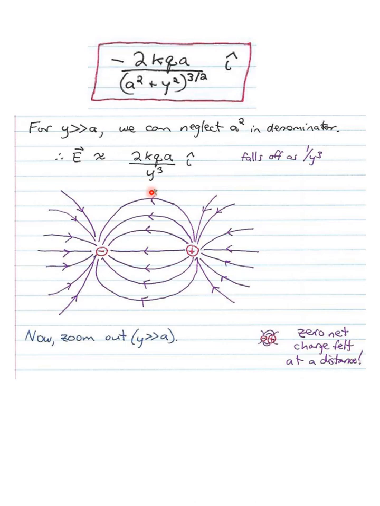Now, if you zoom out so that y is much, much greater than a, which is what I've tried to draw here, although it's a cramped picture, you're dealing with a positive and a negative charge that are together, but you're so far away from them that essentially they negate each other and it's just zero charge. So that's the idea behind the electric field falling off as 1 over y cubed. When you get significantly far away, you just have zero charge. Zero net charge is felt at a distance.